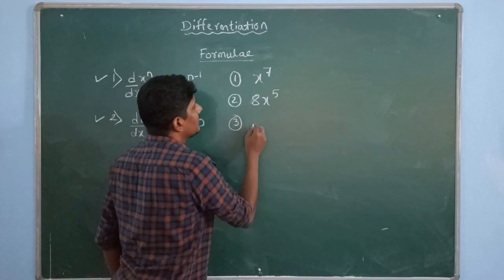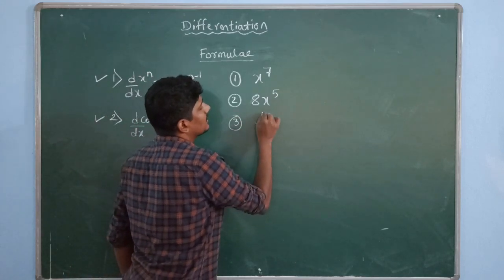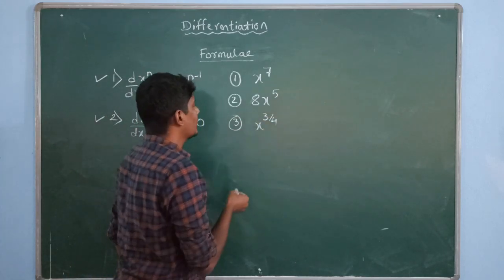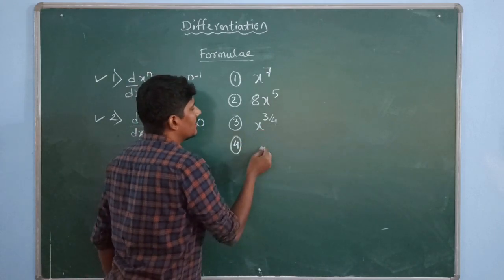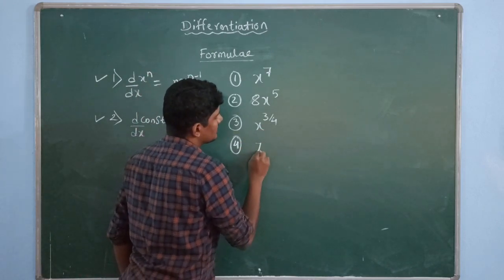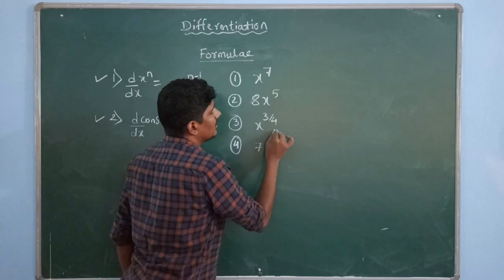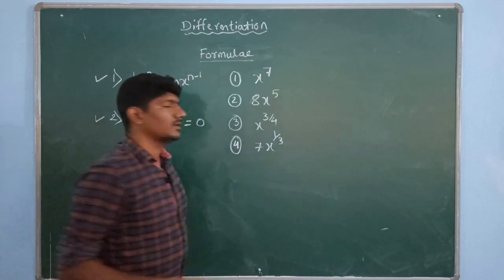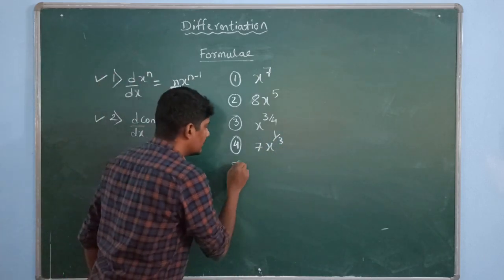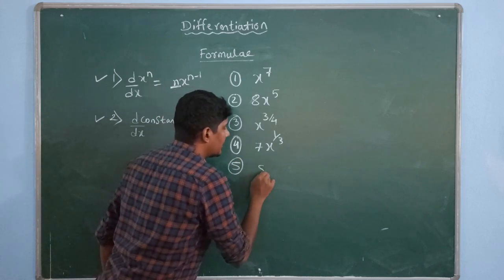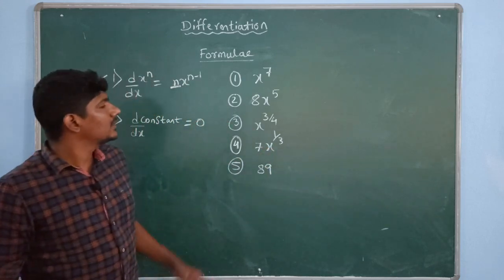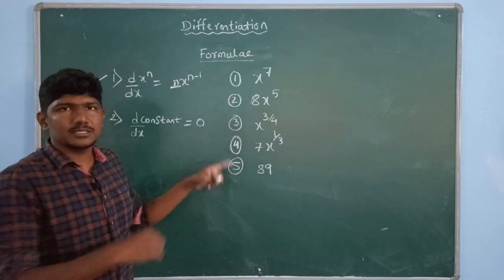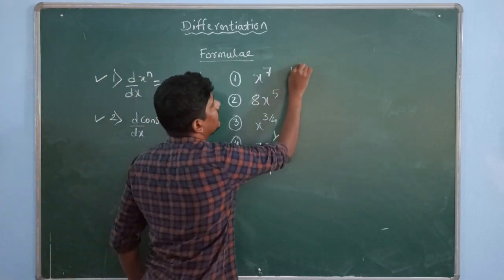Next, x raised to 3 by 4. Fourth one, 7 x raised to 1 by 3. Then 89. Try to solve these. This is like a homework problem. You can try these things.